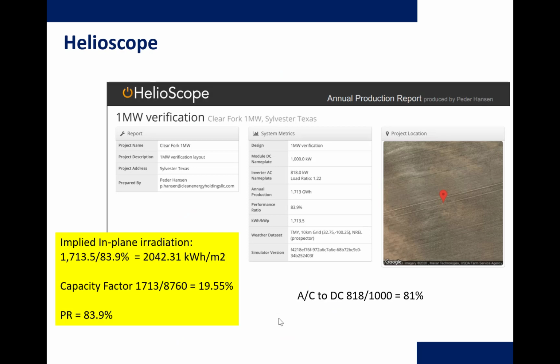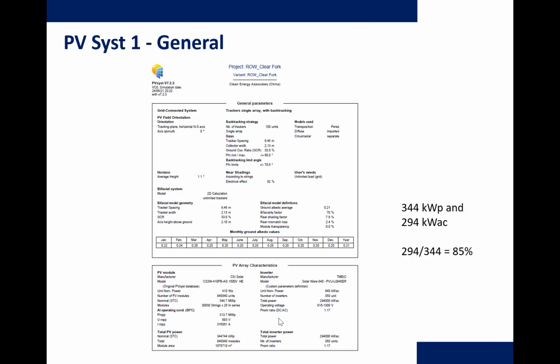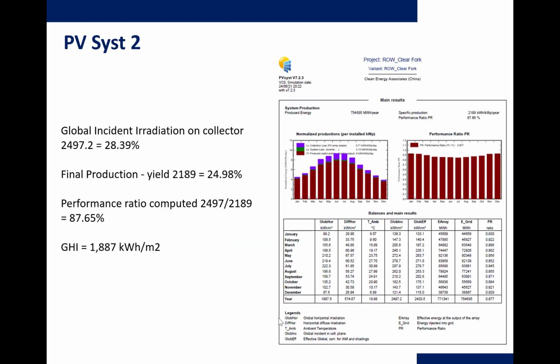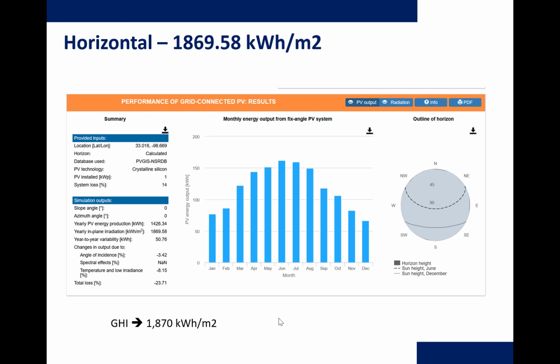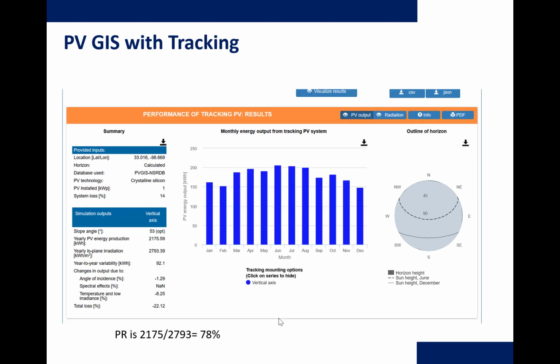This one didn't have the global horizontal irradiation, at least not in this page. In this one, they gave it to us, and it was 1887, and this is 187. Oh, that was really similar. The difference occurred when we put in the tracking.